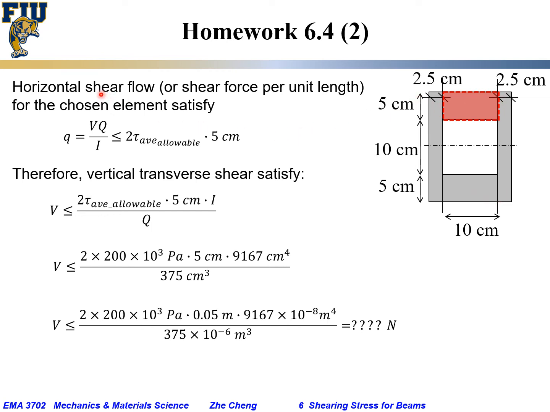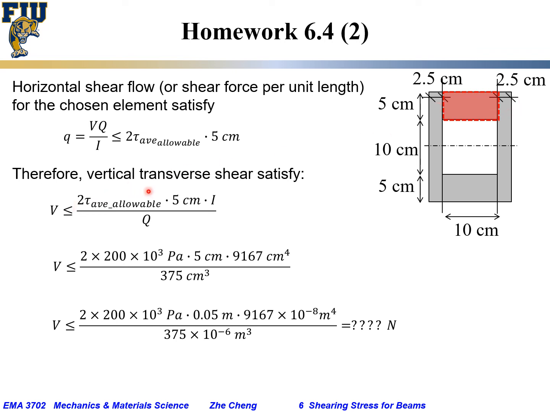And we said horizontal shear flow, or shear force per unit length, based on the equation small q would be VQ over I times delta x over delta x, or just VQ over I. Shear flow, or shearing force per unit length for the chosen element, should satisfy, because it's held back by both the left side and the right side, allowable shearing stress times the width, but then we need 2 because it got pulled back by both the left side and the right side.